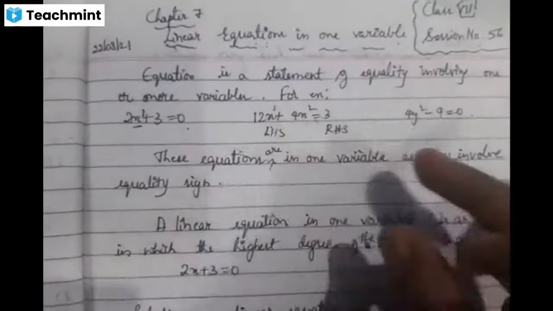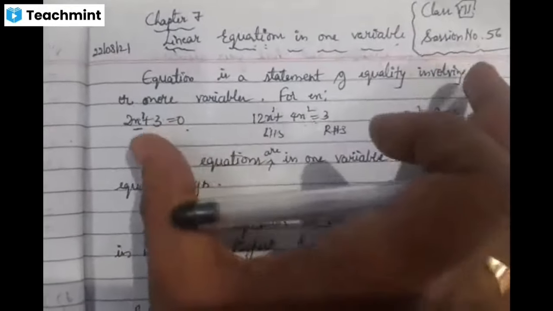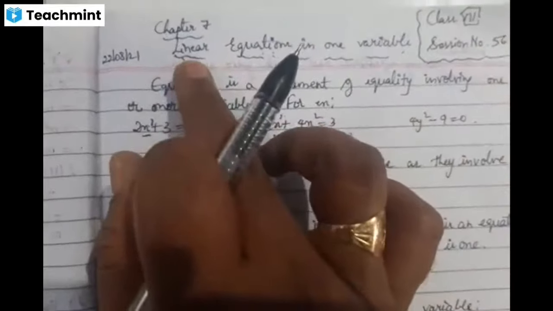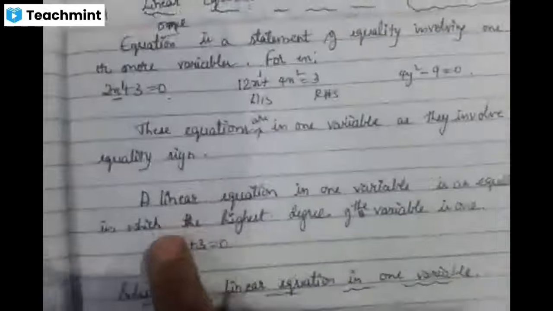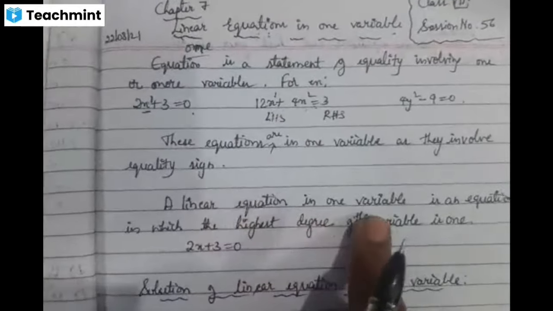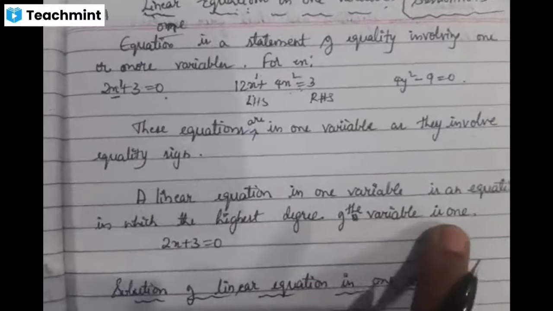Now we know what is an equation. Some of these equations are said to be linear equations. Linear means 1, children. What is 1 here? A linear equation in one variable is an equation in which the highest degree of the variable is 1.